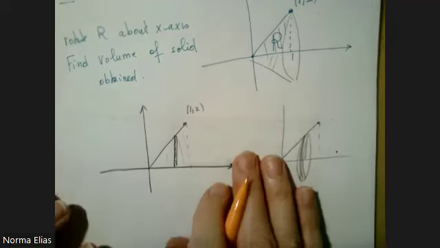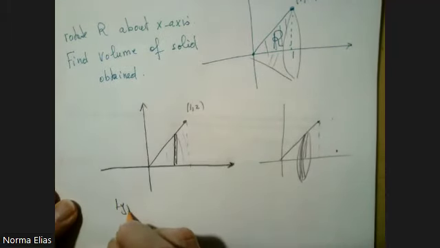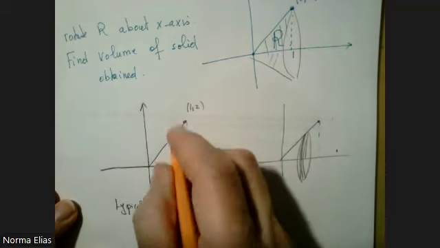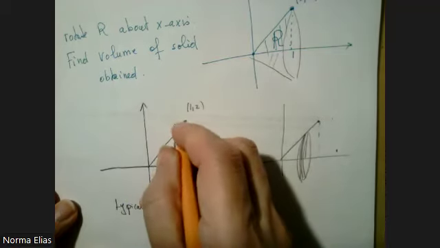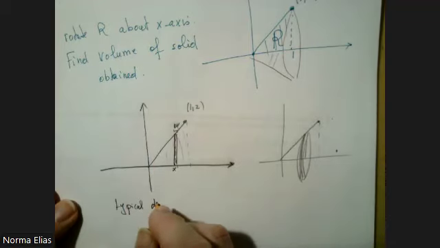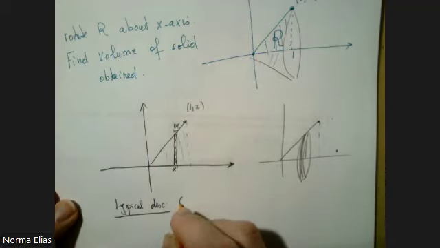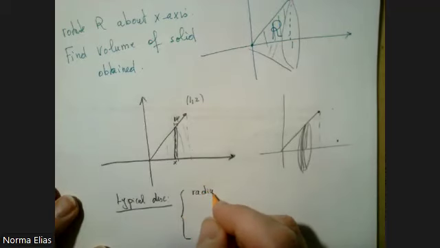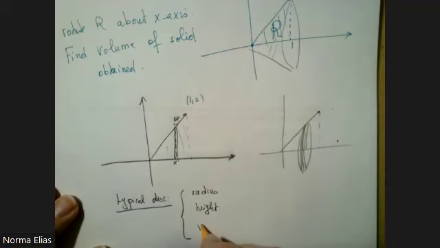So typical disk. Let's analyze the typical disk. So I call this little piece here x, and this is my delta x, typical disk. What's the radius? What's the height? And what's the volume? Once you figure all this out, you are done with your problem.